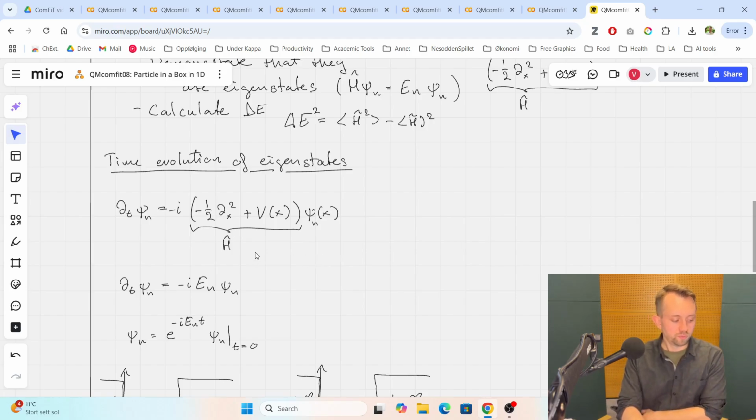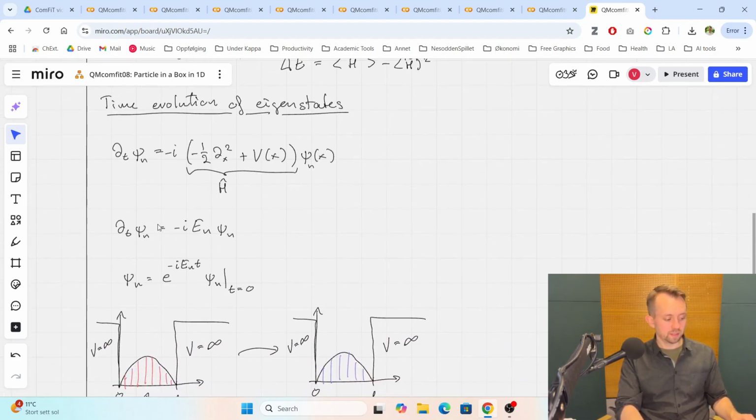Now, we know that for the eigenstates, when we act with this h hat onto psi, it just gives a number that scales the wave function, En, right? So I can replace h hat by En, and then I get dt psi n is equal to minus i En psi n.